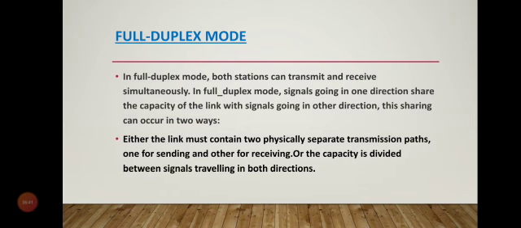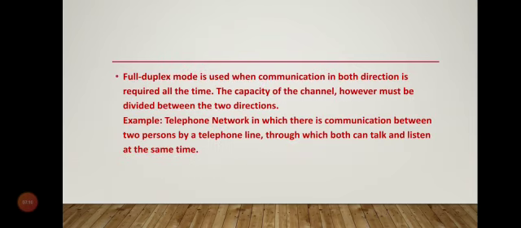Signals going in one direction share the capacity of the link with signals going in the other direction. This sharing can occur in two ways. Either the link must contain two physically separate transmission paths, one for sending and one for receiving, or the capacity is divided between the signals traveling in both directions.